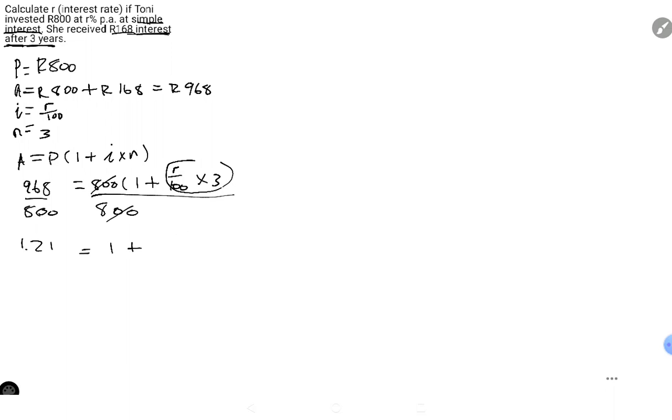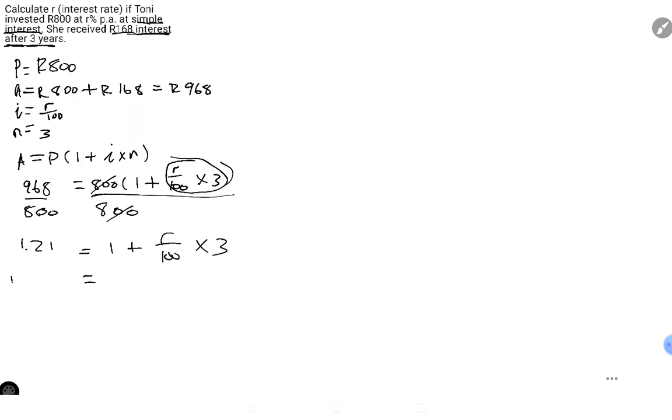And then that equals, so remember all of this is gone now, so I've got 1 plus r over 100 times 3. So first thing that I'm going to do is I'm going to transpose the 1.